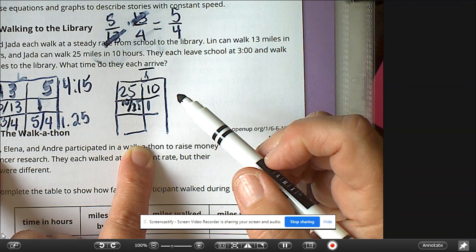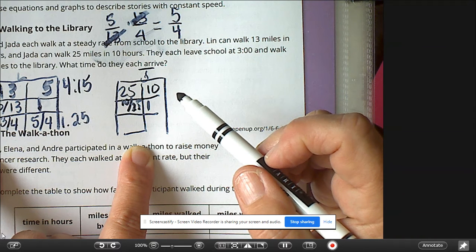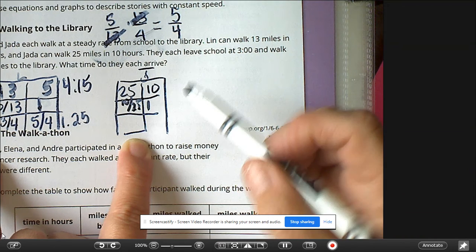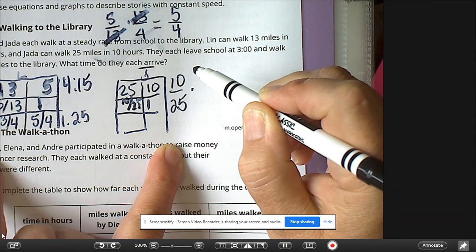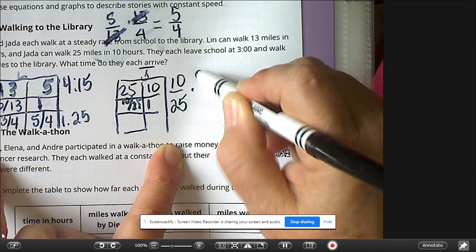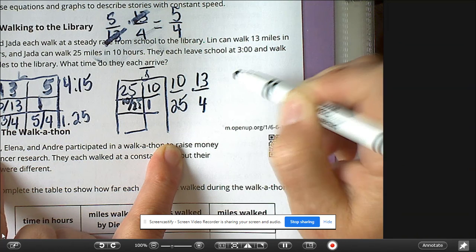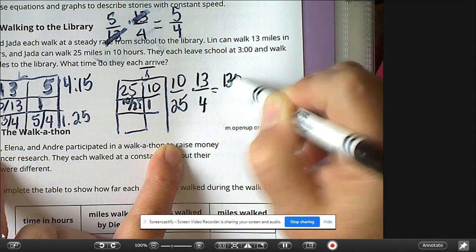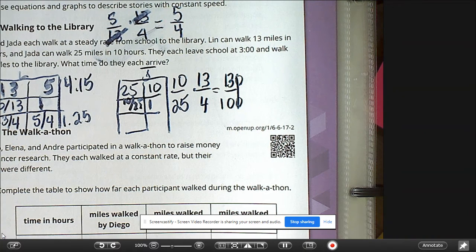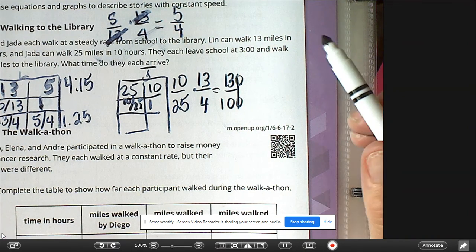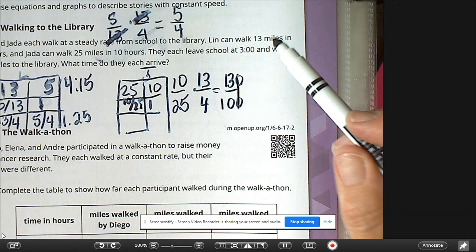And if you're multiplying 10/25 by, again, the total 13/4, you're going to get 130 over 100, which is 13/10, or 1 3/10.